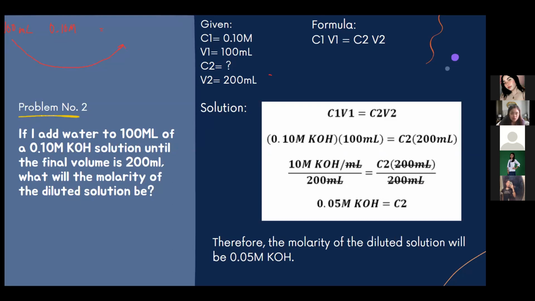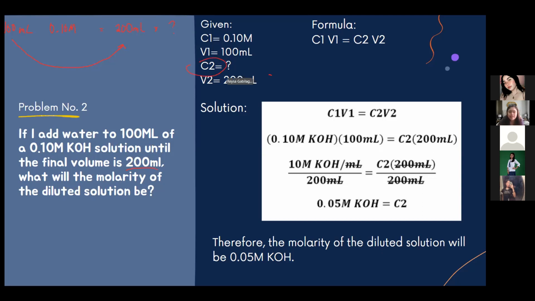You diluted it, added additional solvent and it became 200 ml. Now, the question is, what would be the concentration of our new 200 ml solution? So, this is still C1V1 equals C2V2, but the one that is being asked here is the new concentration.